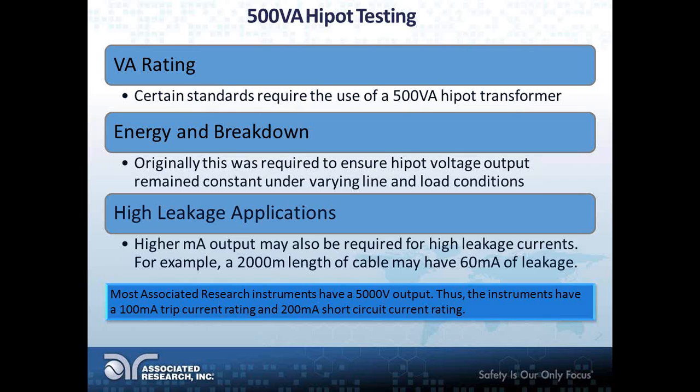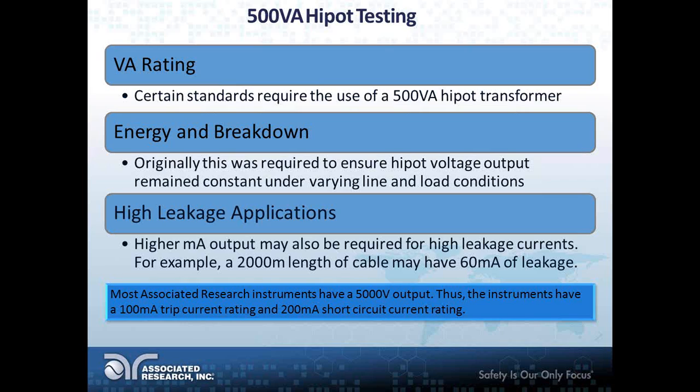This means that the applications most commonly requiring a Hipot with a 500 VA rating are those in which an AC voltage must be applied to a highly capacitive load.